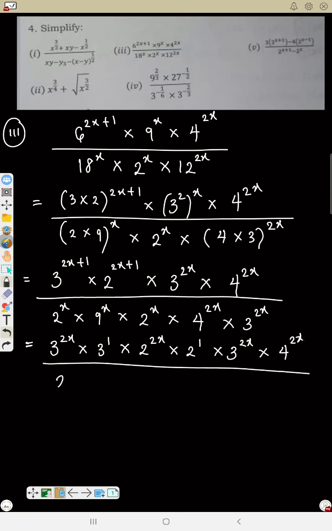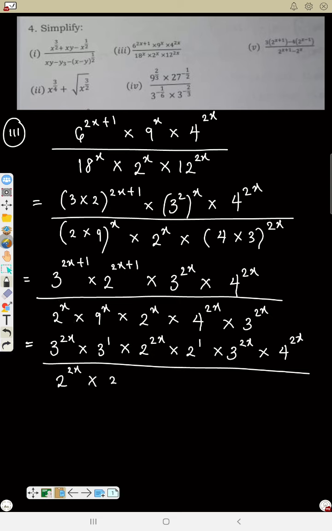Everything over. Now this is 2 raised to power x, 2 raised to power x. That will give us 2 raised to power 2x. Remember, in law of indices, if you have the same base, you add the power. x plus x will give us 2x. Take note.